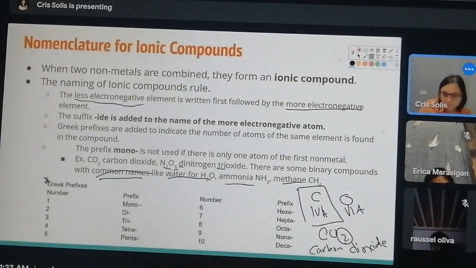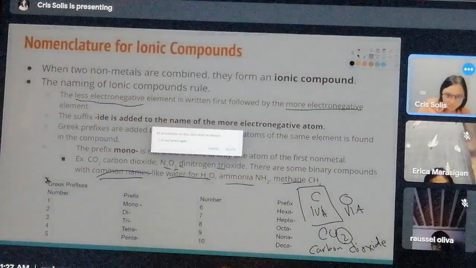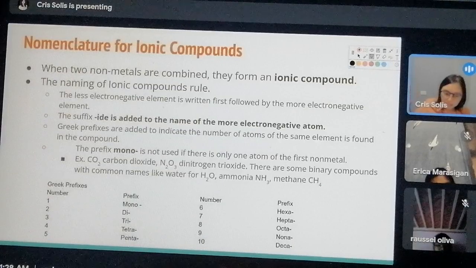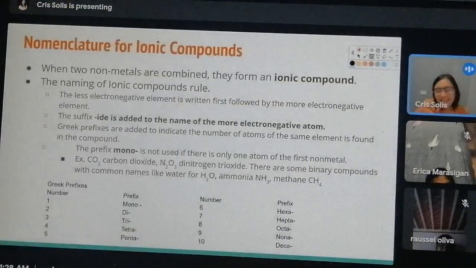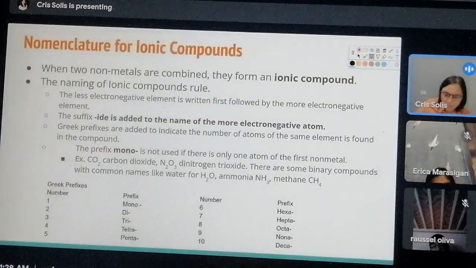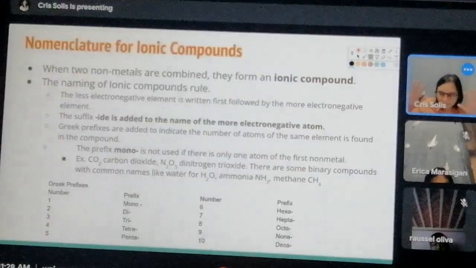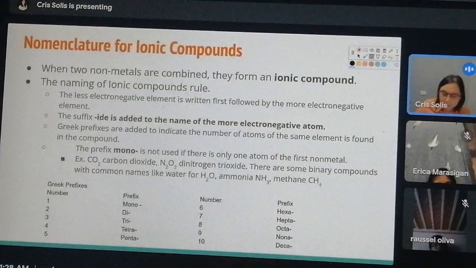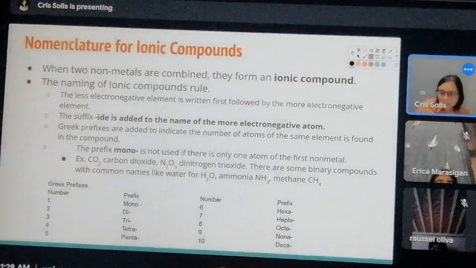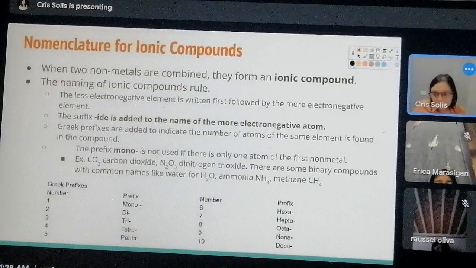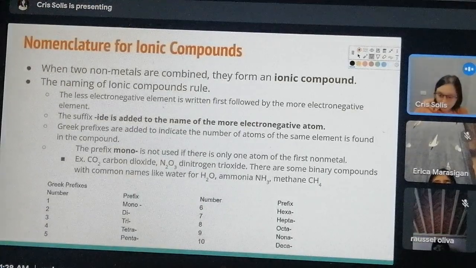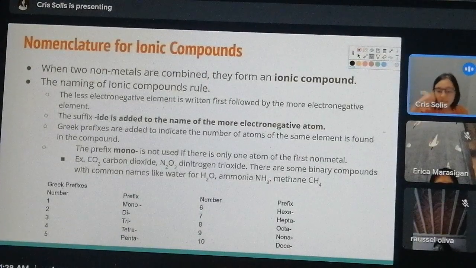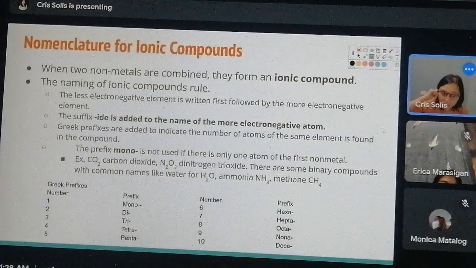Since they have common names, we use the common names. Okay po? So, ano po yung mga prefixes? Ating Greek prefixes. You have mono, di, tri, tetra, penta, hexa, hepta, octa, nona, and deca.